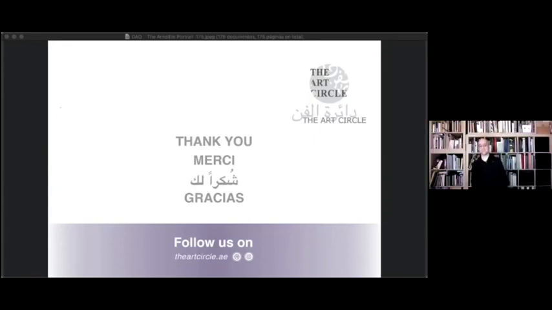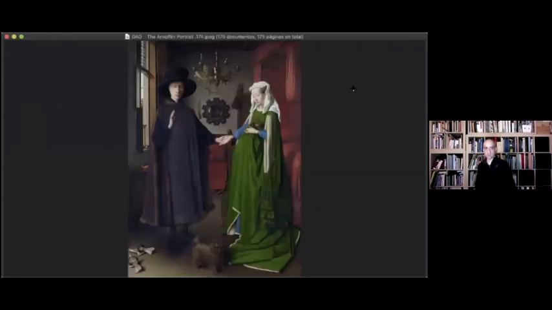Oh, okay. This point is very interesting because to make this painting it was necessary to use the mirror. We can see in the image, here, in the background the mirror. Okay, this is a convex mirror. But on the other side, we have a concave mirror.